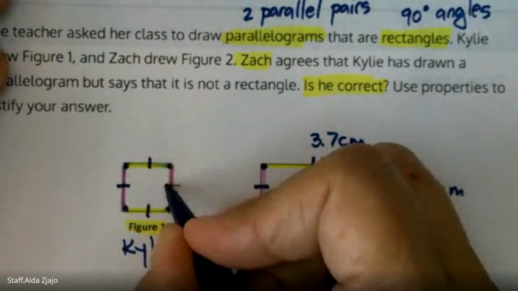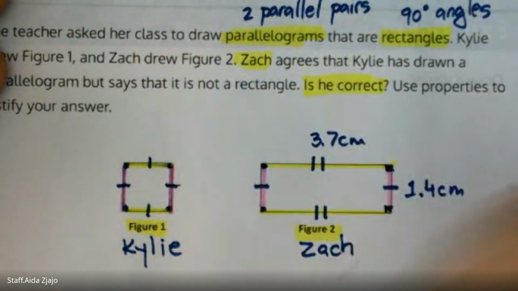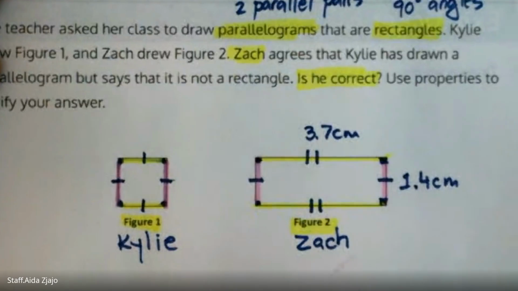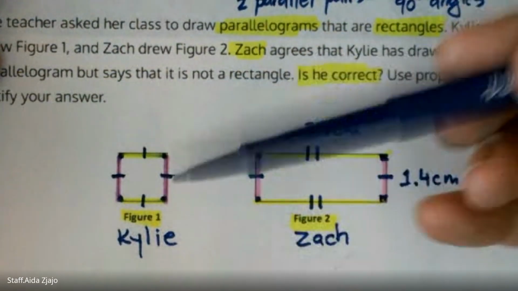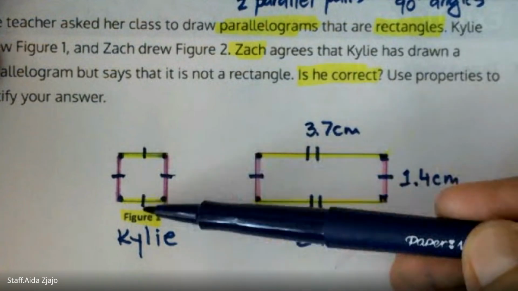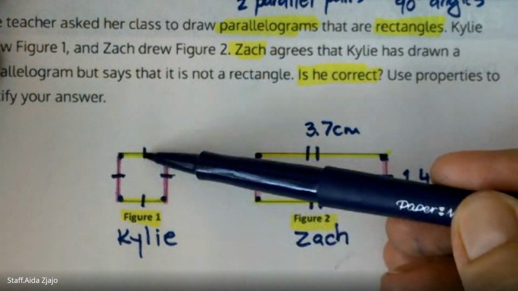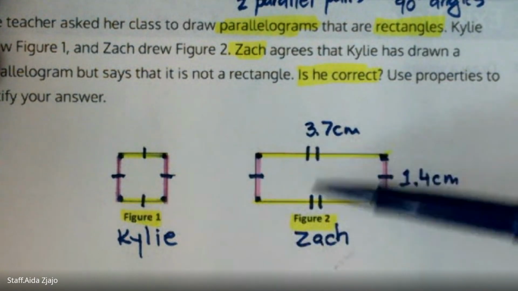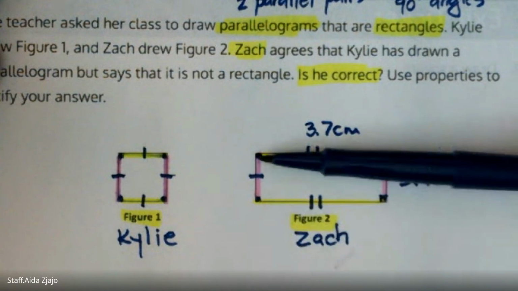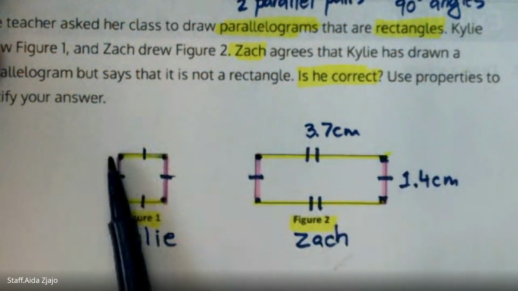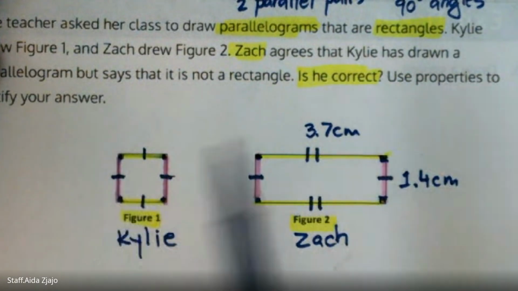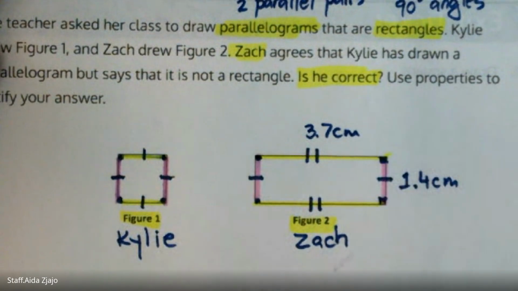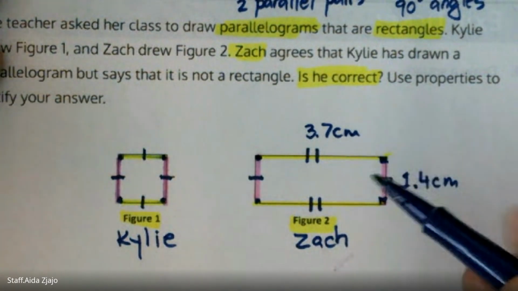They are all congruent, but that doesn't matter. To be a rectangle, you need to have two opposite sides congruent. So this is opposite to this, they're congruent. Same in the rectangle. This is opposite of this, and they're congruent. So the properties are good.